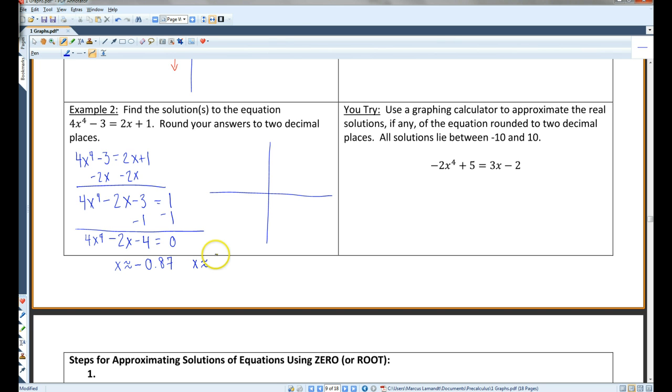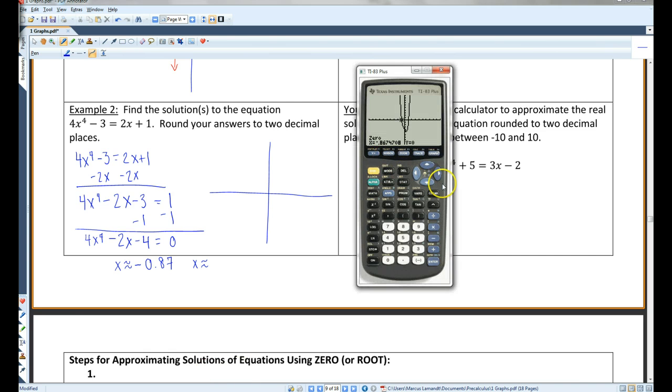Okay. Now let's look for the second one. Second, calculate. You can look for the 0 again. Left bound, right there, and the right bound, right there. Guess. 1.12.